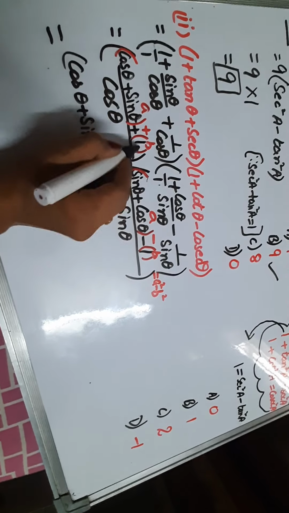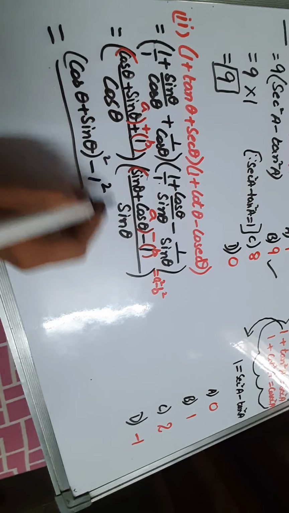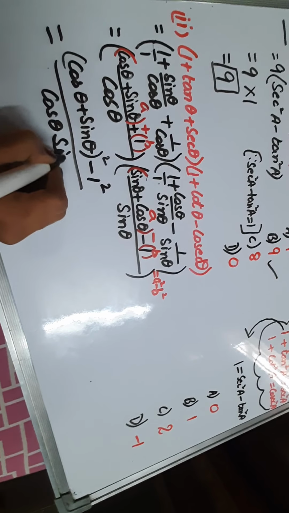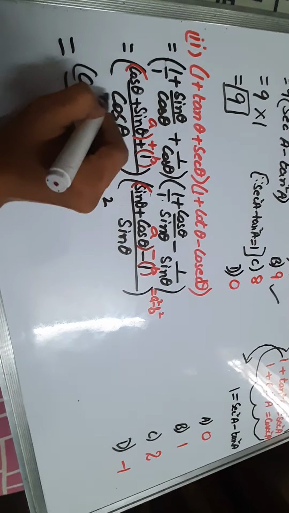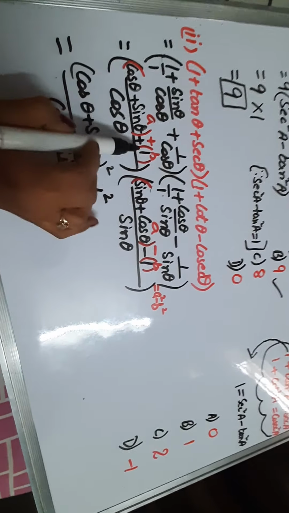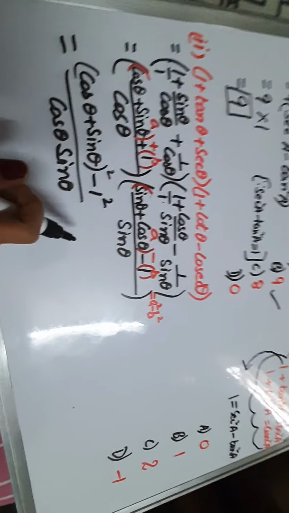What is B? 1 is there, so 1 square upon cos theta multiplied by sin theta. Right? We can't cancel out this sin theta. We can't cancel out this because I told you earlier also that whenever addition and subtraction are there, we can't cancel out the things.